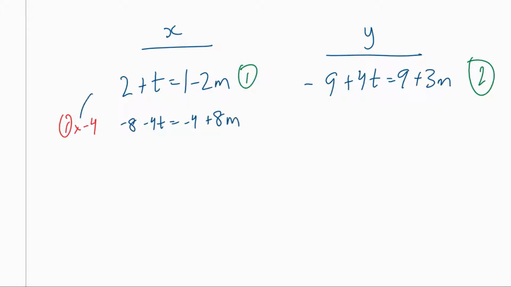So I multiplied negative 4 by that whole equation, and that just meant every coefficient was multiplied by negative 4. Now, the reason why I did that is because in equation 2, I'm just going to rewrite it. I've got negative 8. I've got plus 4t equals 9 plus 3m. Now I've got the t coefficients as negative 4 and 4. And so I'm going to eliminate that one.